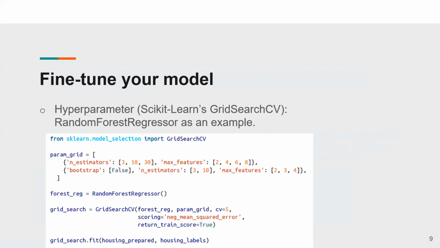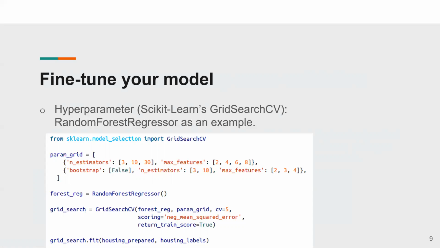And then this is a continuation of the housing price example that we discussed earlier. What if, instead of using linear regression, we use random forest? In random forest, you do have some hyperparameters that you need to estimate.